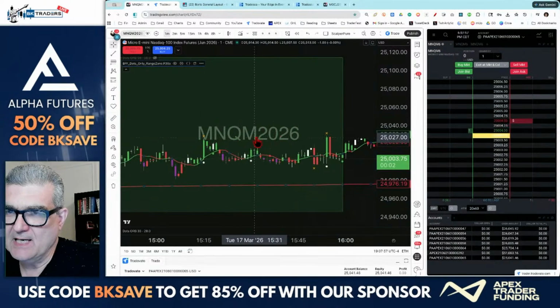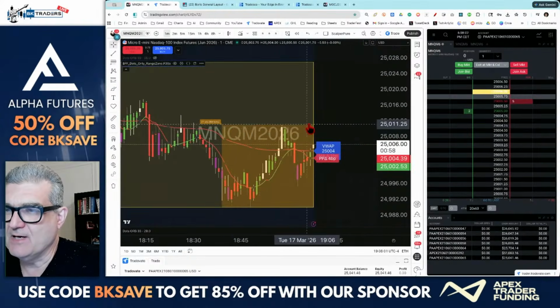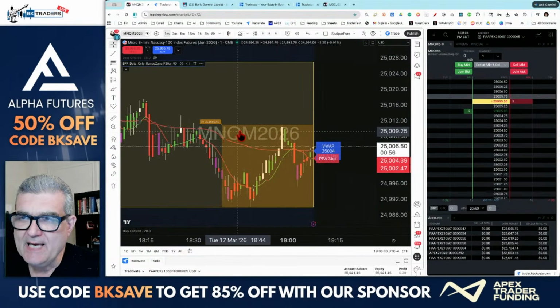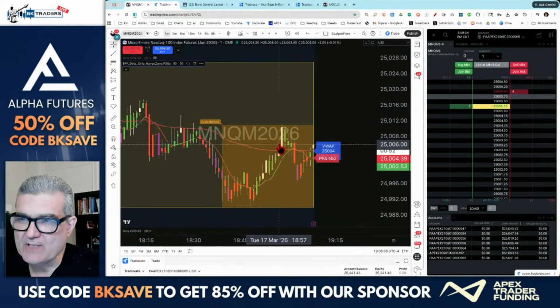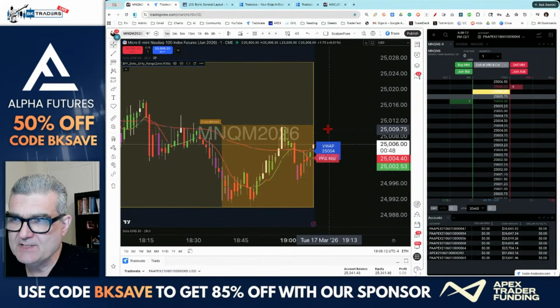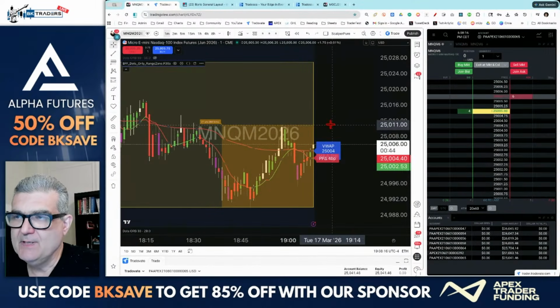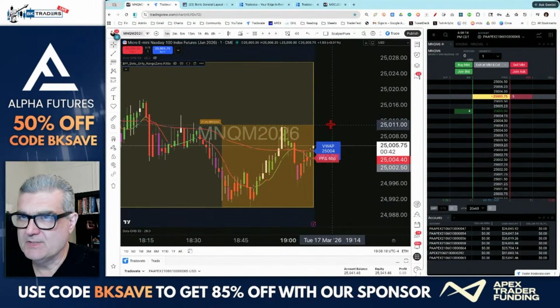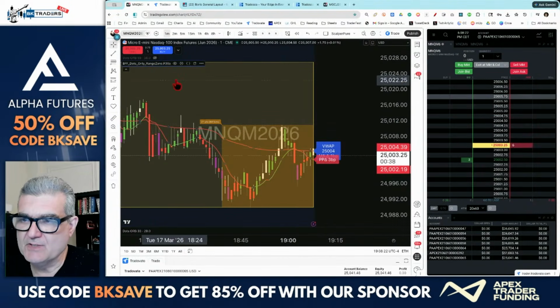So it's got every possible filter that I thought of. You can see right now, for example, Asia session is only 21 points wide, so it doesn't matter what it's doing. It's not giving me any signals because it really needs to expand to give us any reasonable signals. Now that's separate from the ORB dot signals, which will be coming up.